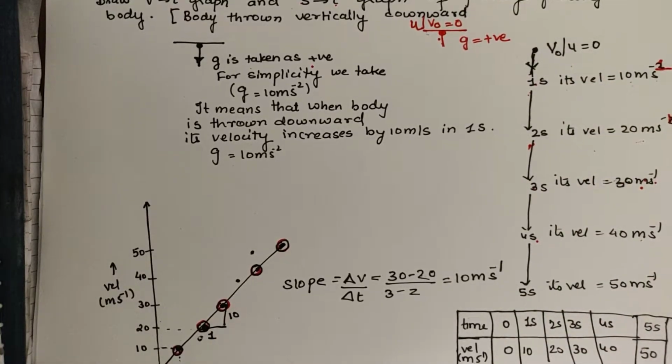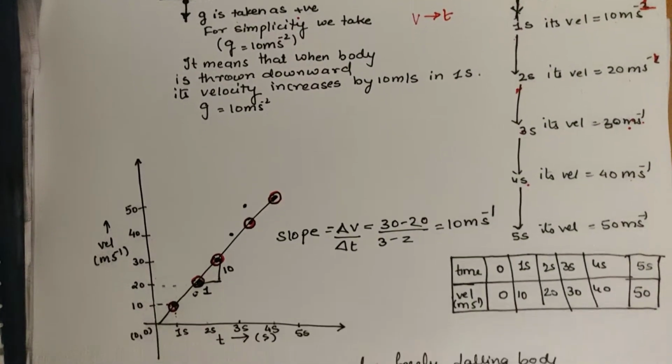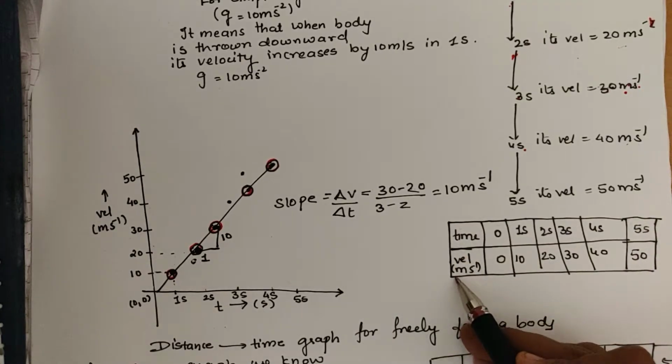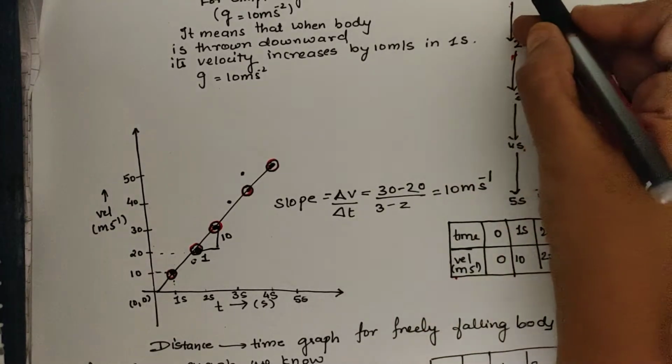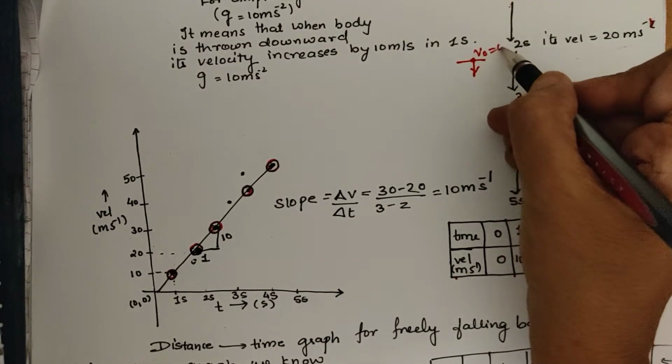So if we want to draw a graph of velocity versus time, first we will see the table we have drawn over here, time versus velocity. At time t equal to 0, when the body is initially at rest, the initial velocity is 0.